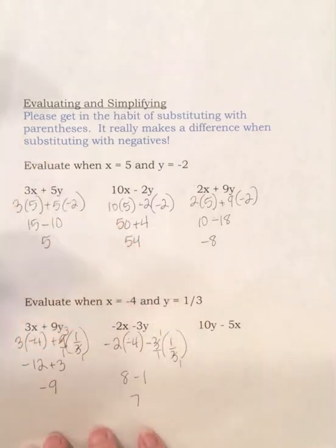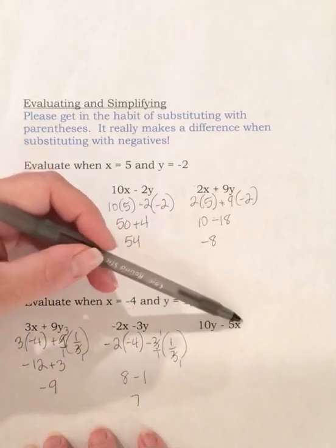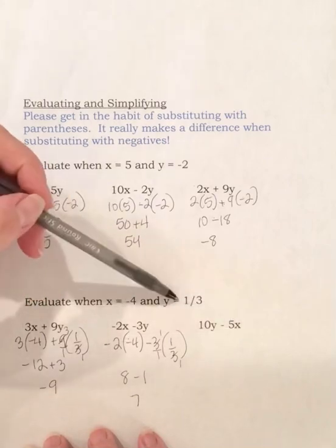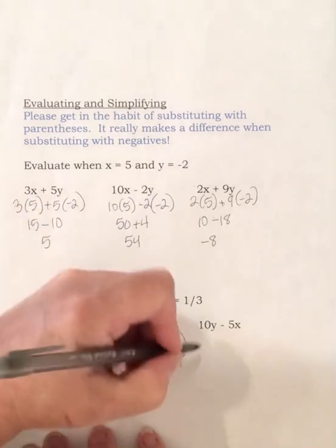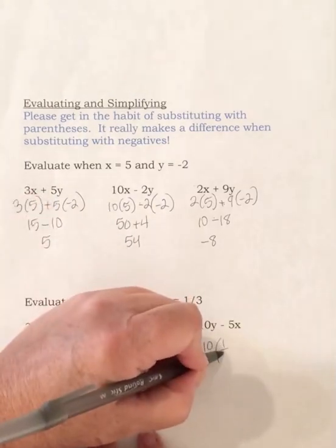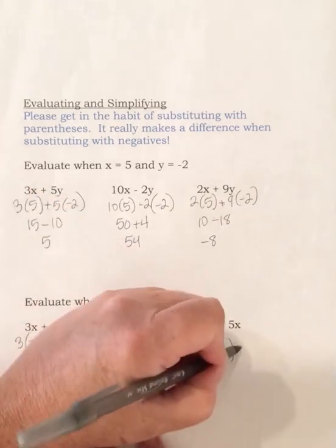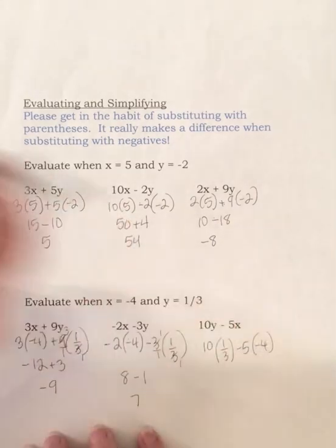Lastly, I had to pay really close attention because here my variables are actually opposite what they are here. So I want to make sure I'm paying very close attention, so I substitute in the right amount. So 10, substitute in for y, which is 1/3, minus 5, substitute in x, which is negative 4.